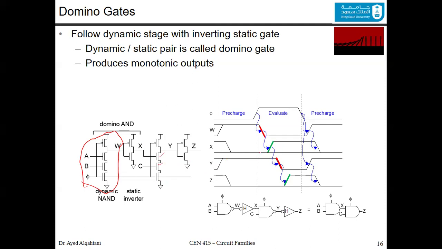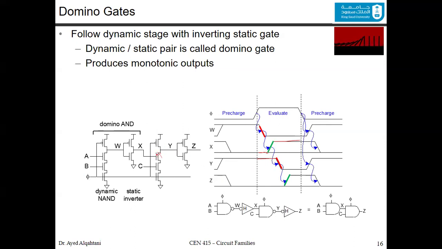So let's say here at the beginning you have 0 and then 1. If it is 0, then X is off. You don't have any link. Y is still equal to 1. So you'll have 1. After some time, at this point, the X is rising.